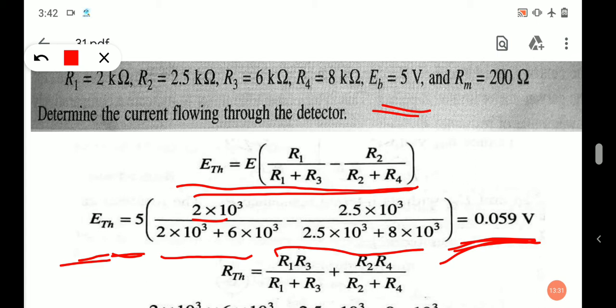The Thevenin equivalent resistance is given as RTH equals R1 R3 upon R1 plus R3, plus R2 R4 upon R2 plus R4.